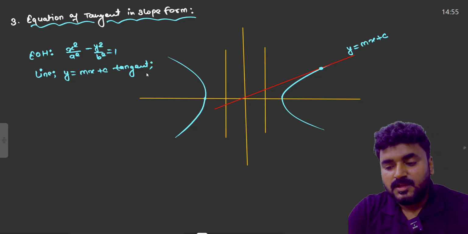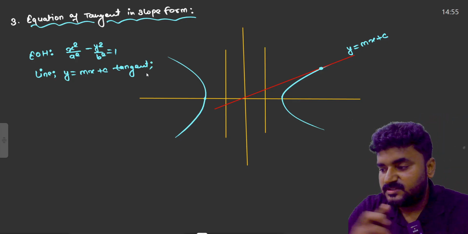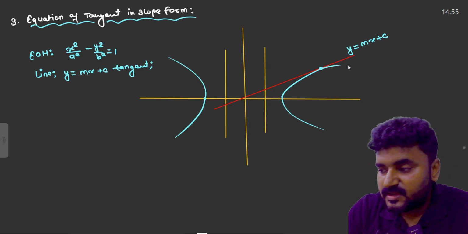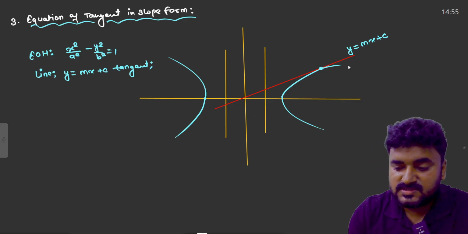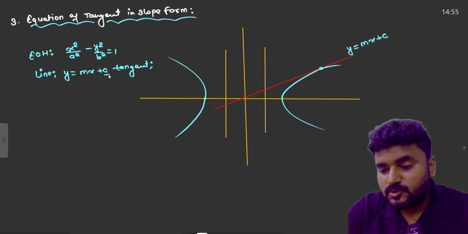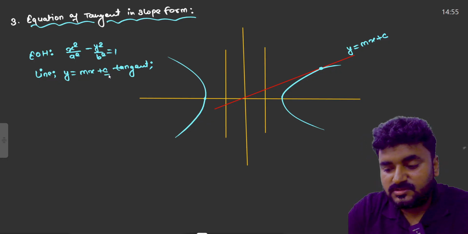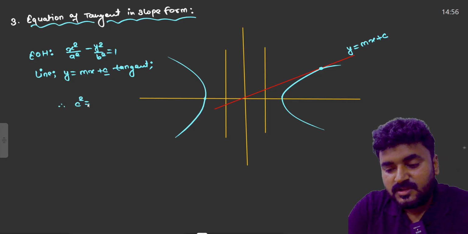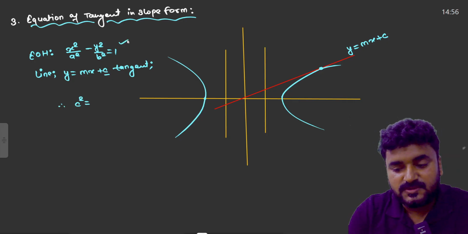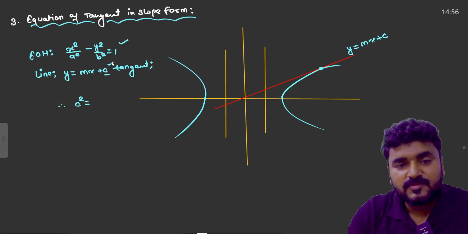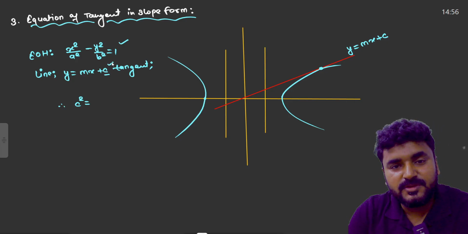If this is a tangent, what will happen? We can find out this c. How, sir? In the ellipse you found the value of c. The condition for tangency is that if you differentiate this one you will get the slope, and the line is given; both these slopes will be equal.